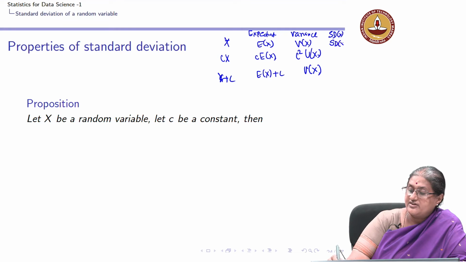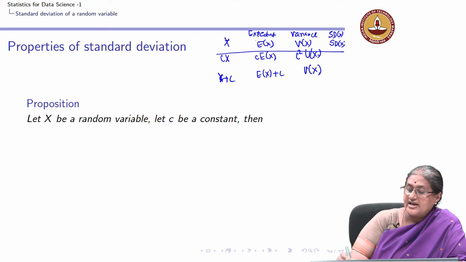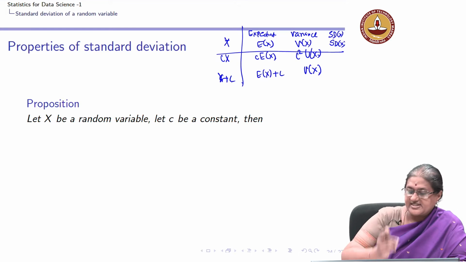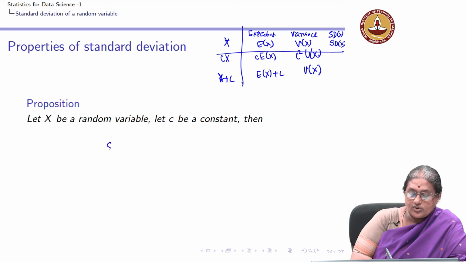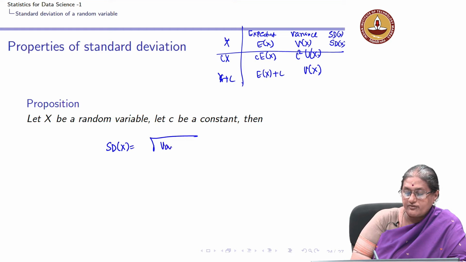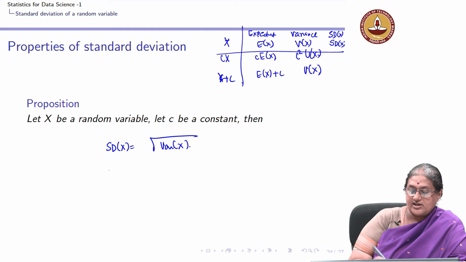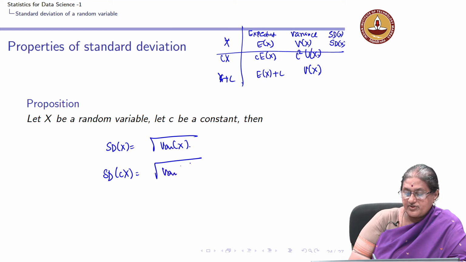I know the standard deviation of x is given by SD of x, and SD of x is the square root of the variance of x. So, what would SD of cx be? SD of cx is going to be the square root of the variance of cx. I know the variance of cx is c square variance of x.